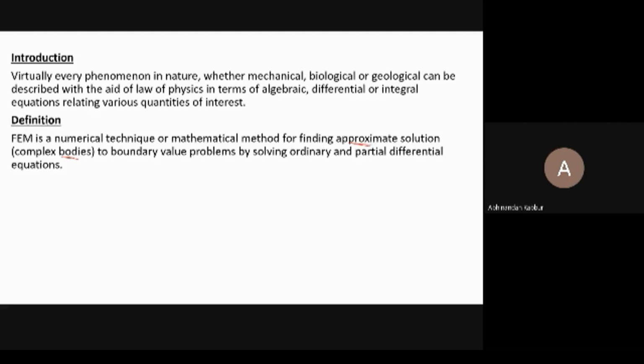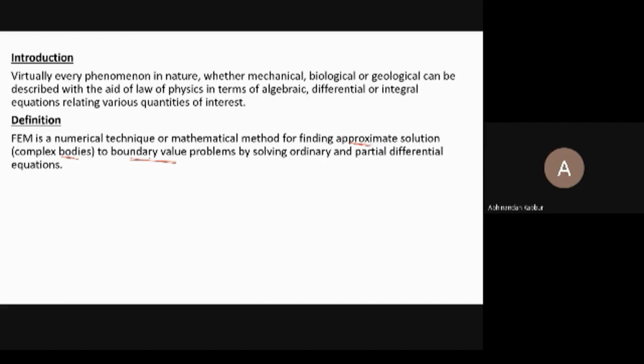Because in FEM, what happens? It will try to make this complex shape body nearer to the standard shape, so that whatever solution I am getting is the approximate solution, but it is acceptable. So to begin with the definition, FEM is a numerical technique or a mathematical model for finding the approximate solution to a boundary value problem. As I told, this word should be important, boundary value problem, because without boundary conditions, FEM doesn't solve the problem.